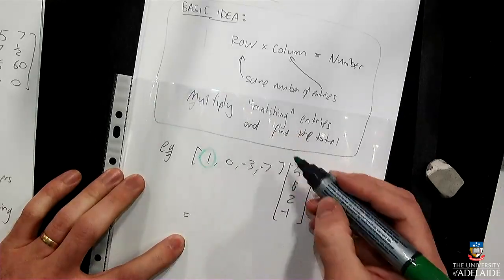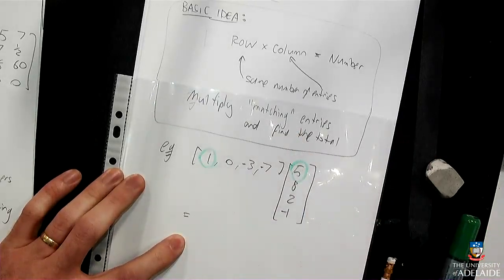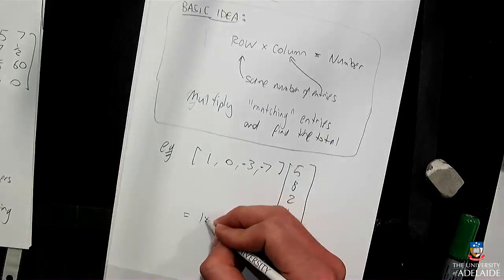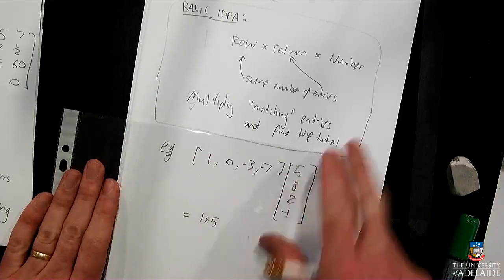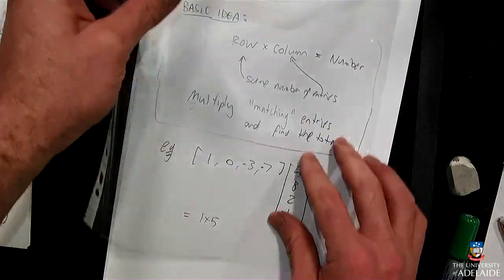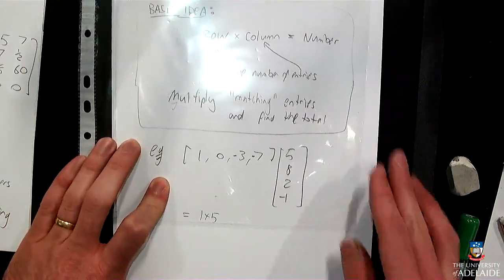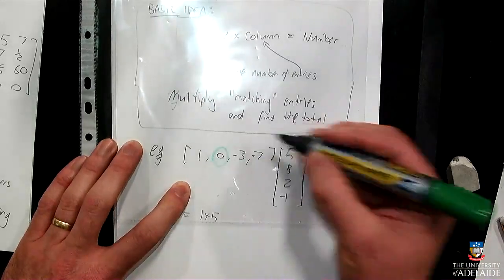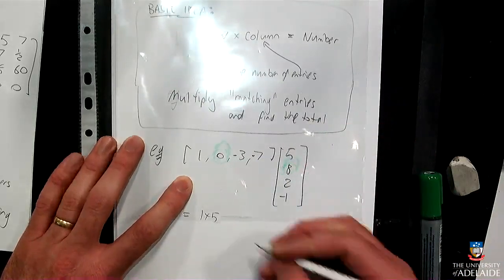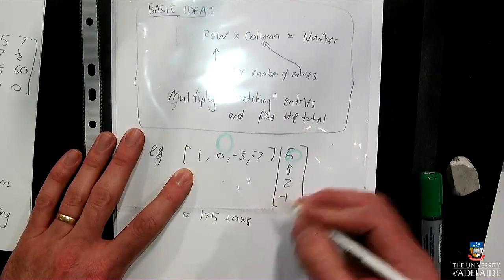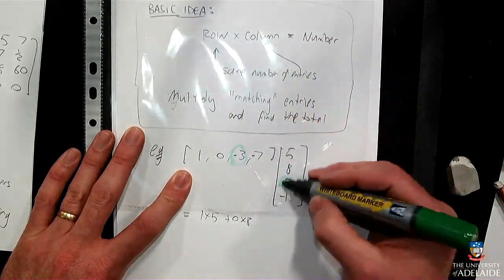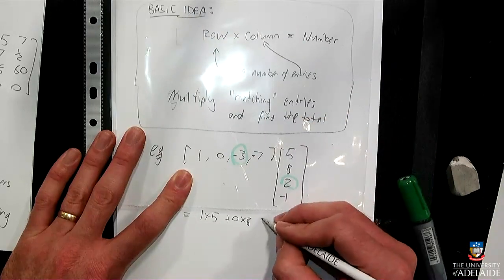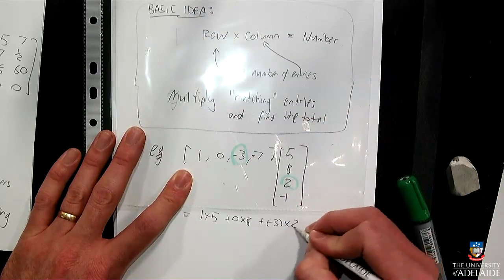So the first entry and the first entry here, they together produce 5. And then the second entry and the second entry, 0 times 8. And then the third entry and the third entry is minus 3 times 2.